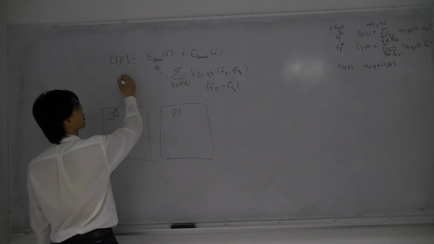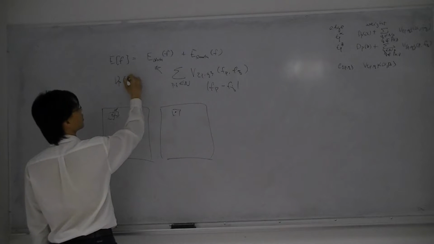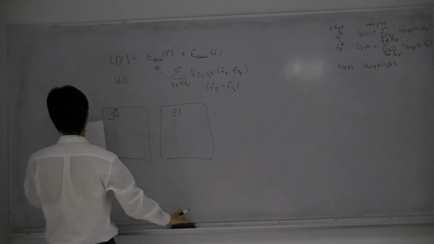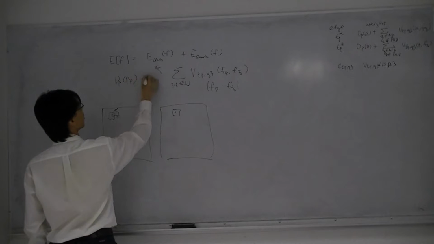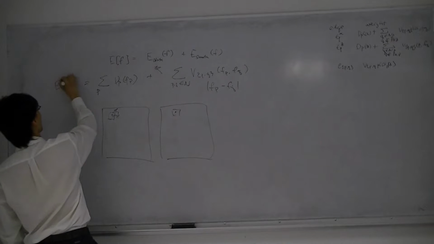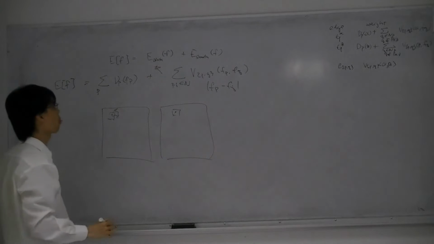And for the data term, I can write it as something with P here, and P also. So essentially my energy function is something like that.